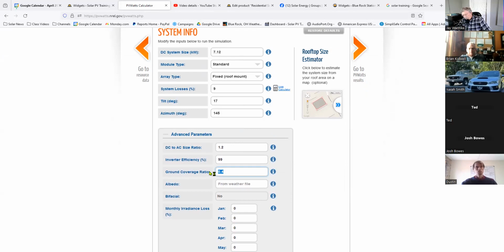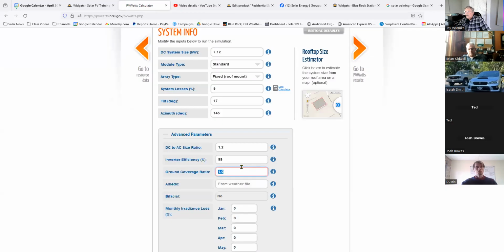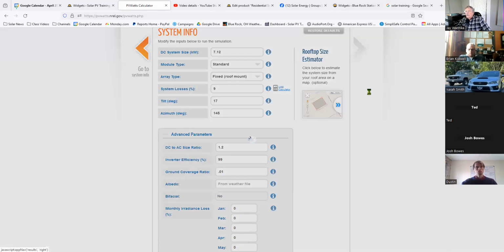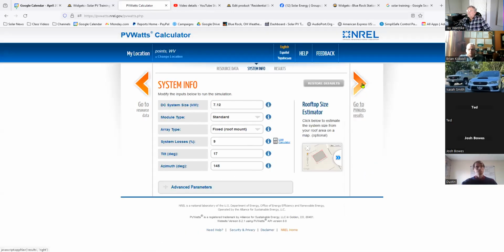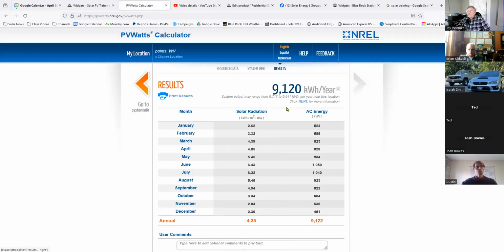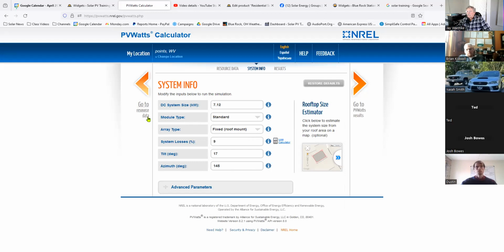Ground cover ratio should be, that didn't matter. Okay, I need to understand why it's underperforming there. It's saying it could be up as far as 9.6. It's throwing in some additional losses somewhere.